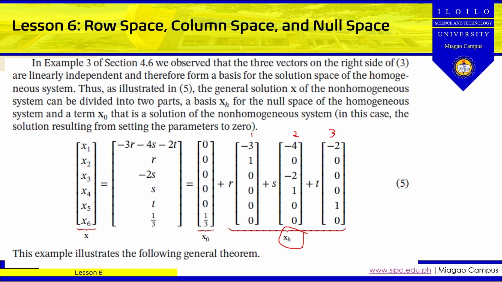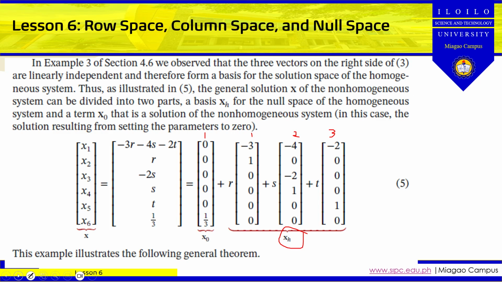So in this case, you have 3 bases for the null space of the homogeneous system, and the term x sub 0, that is a solution of the non-homogeneous system. So we have here only one solution for the non-homogeneous system, the solution resulting from setting the parameters to 0.